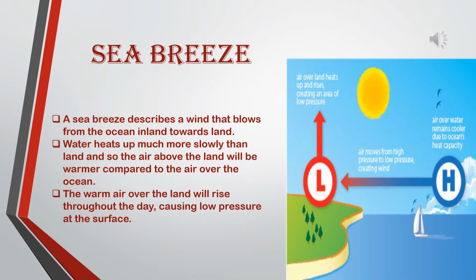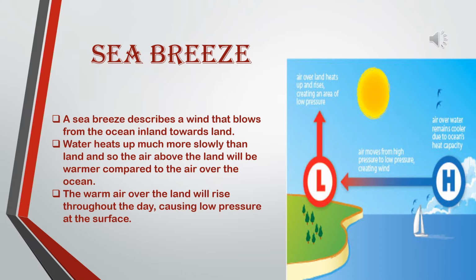So a sea breeze describes a wind that blows from the ocean or island towards land. Water heats up much more slowly than land, and so the air above the land will be warmer compared to the air over the ocean. The warm air over the land will rise throughout the day, causing low pressure at the surface.